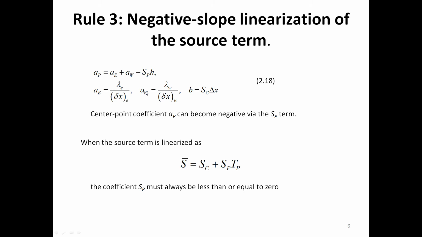When the source term is linearized as S equals S sub C plus S sub P T sub P, the coefficient S sub P must always be less than or equal to 0.